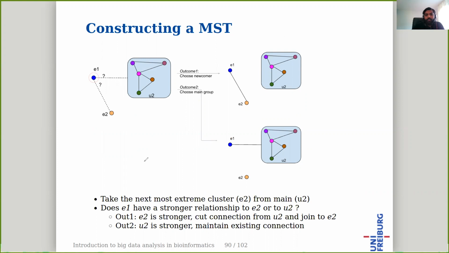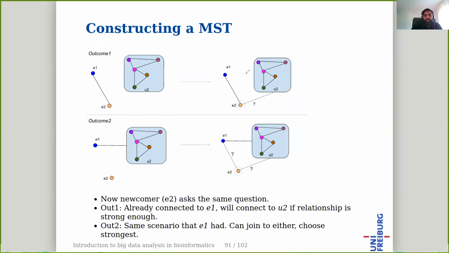Now E1 poses the question: am I close to U2 or am I close to E2? If it is close to E2, we connect E1 and E2 like this, and then we don't have this connection anymore. If it is close to U2, we connect it there instead. So there are two possible outcomes here. E2 also poses the same question again.